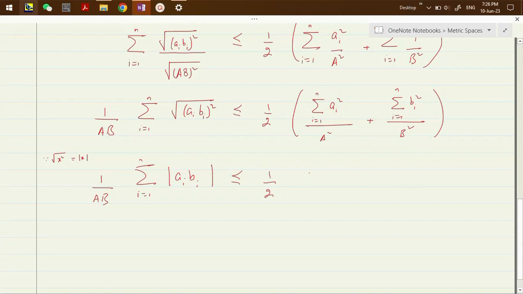So we have a square over a square plus b square over b square, and this is equal to 1 by 2 multiplied by, that's equal to 1 and that's equal to 1, so 1 plus 1, which is 2. So 2 will be cancelled with 2 and eventually we get 1.